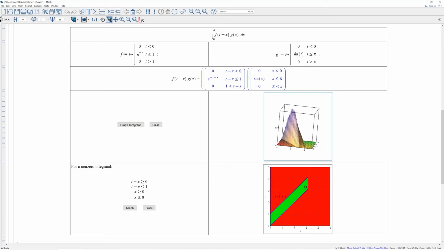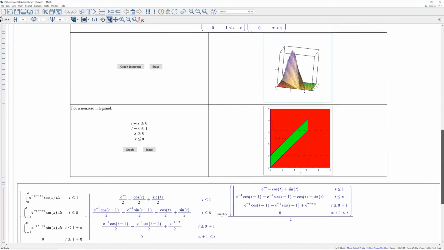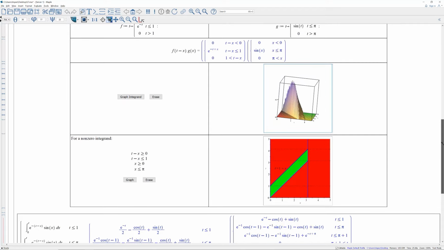In green, that's where this integrand is non-zero. In the red is where it is 0. And so you look at this graph and you realize the integrals are integrals in x, right?